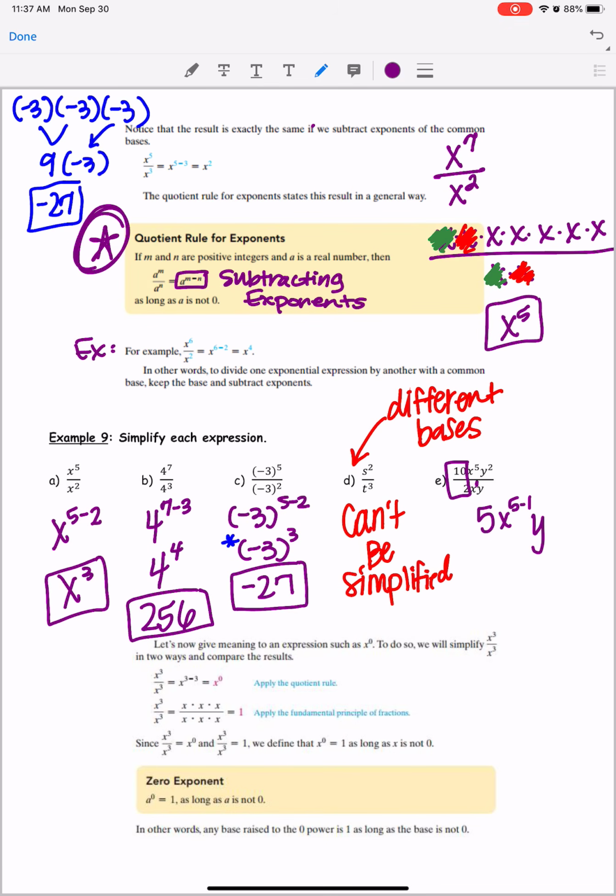And then we've got y 2 minus 1 because, again, there's a 1 right here. So my final answer is 5y to the 4th. And you can do y to the 1st if you want. That's perfectly acceptable. But it does look a little bit better if we just put y. Okay, but if you put y to the 1st, I will definitely accept that.